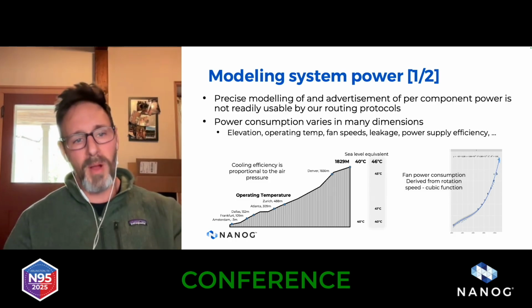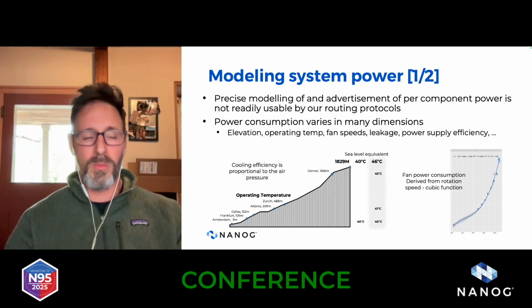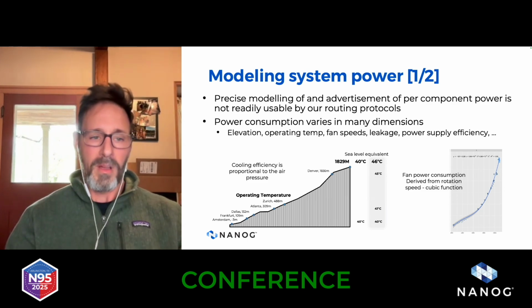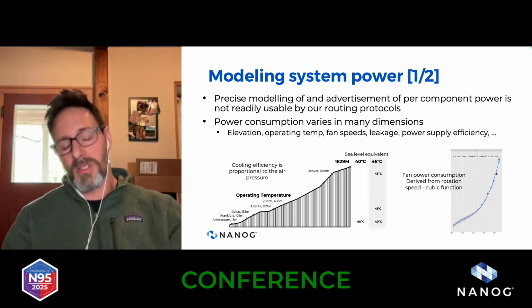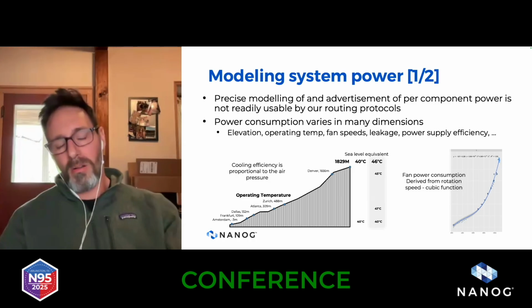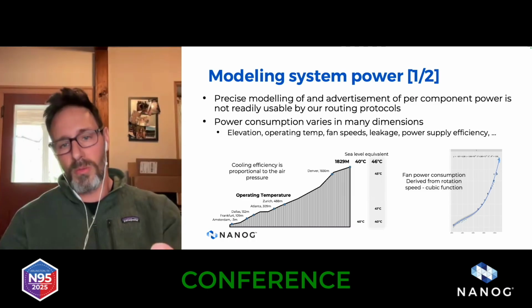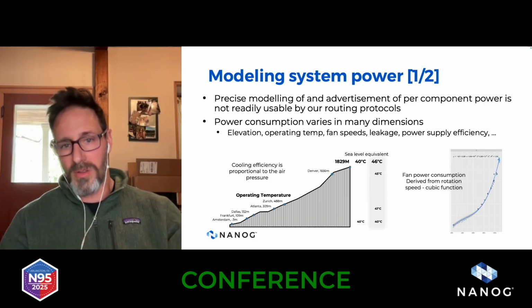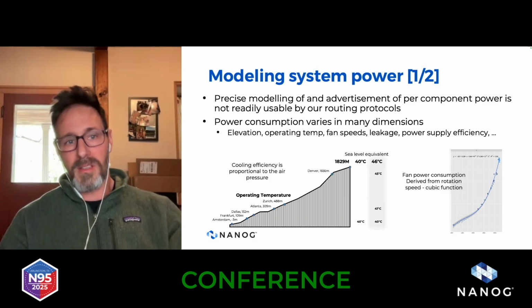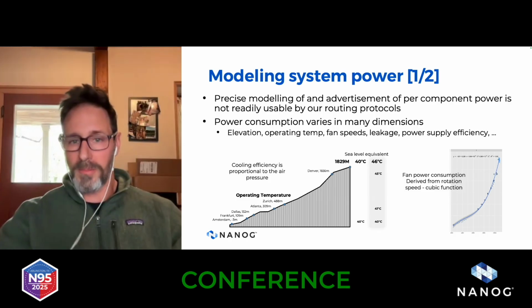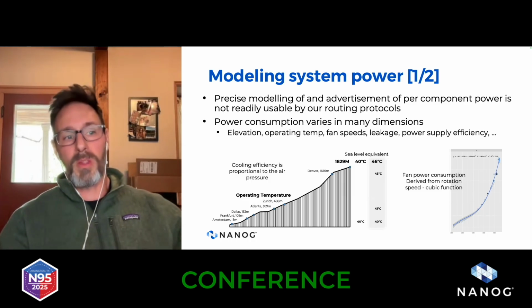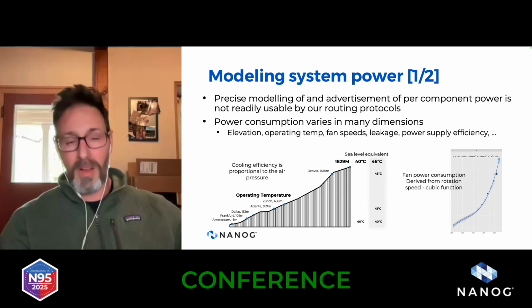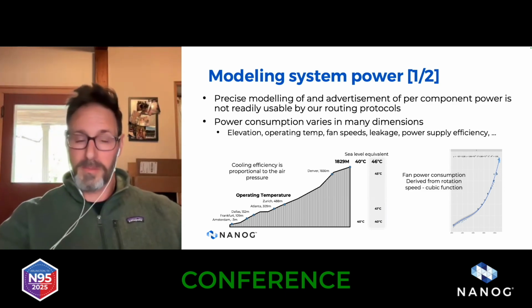You can see that the same system operating in Denver will consume more power than a system operating in Amsterdam due to the elevation differences. The picture on the right-hand side shows how the fans consume power as the ambient temperature goes up. So fans can make a large impact on how the systems consume power, which is independent of the types of features and the way we think about our routing systems from a routing protocol perspective.